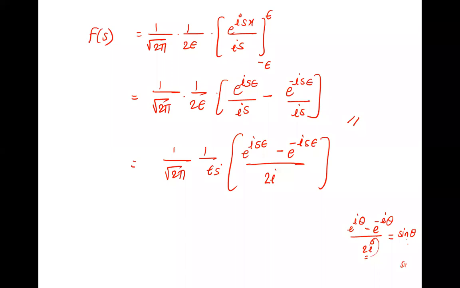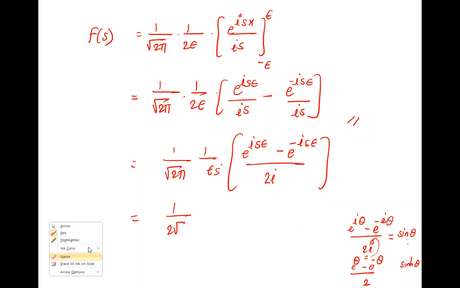And what is sinh theta? e raised to theta minus e raised to minus theta upon 2. If there are i's more, it is sin theta. So this is what then? Sin of s epsilon. Correct.